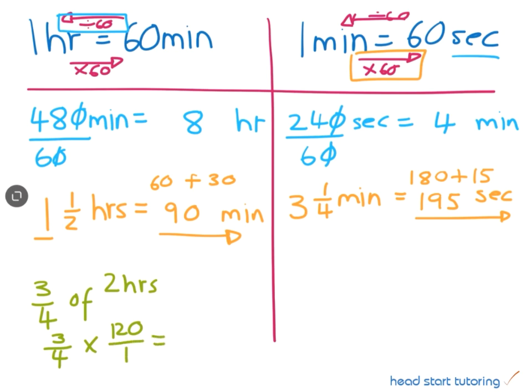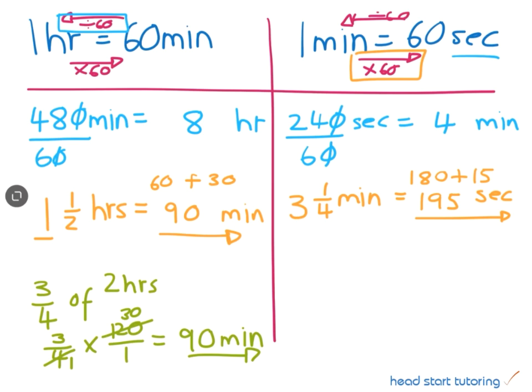I can cross cancel, 4 into itself once, and 4 into 120 30 times, and 3 times 30 is equal to 90. So I end up with an answer of 90 minutes. So 3/4 of 2 hours is equal to 90 minutes.